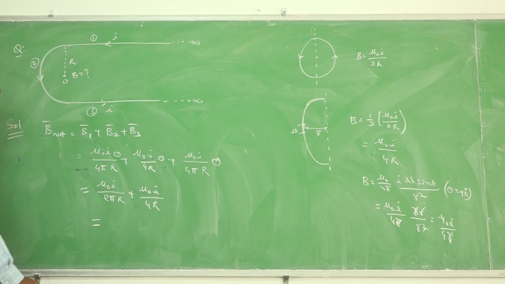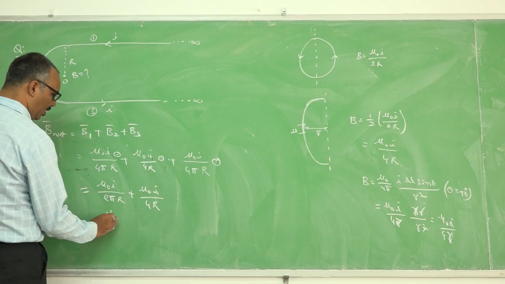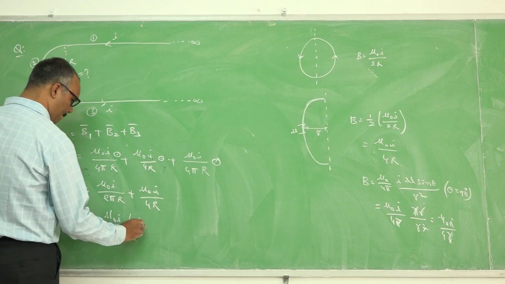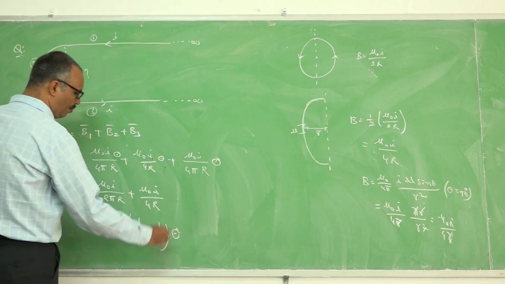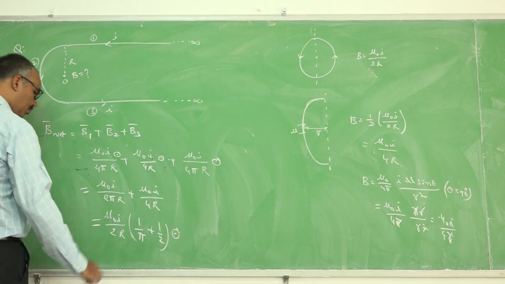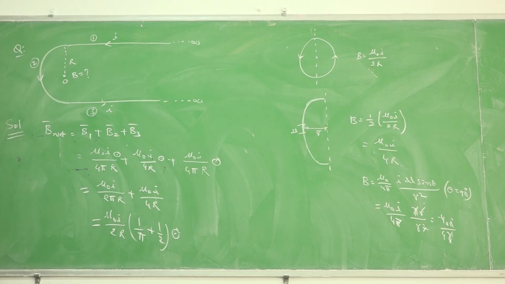Otherwise you take mu naught I by 2r as common, 1 by pi plus 1 by 2 out of the paper. Mu naught I by 2r into 1 by pi plus 1 by 2. So this is the solution for this question. Likewise, you can solve any question based on Biot-Savart law.